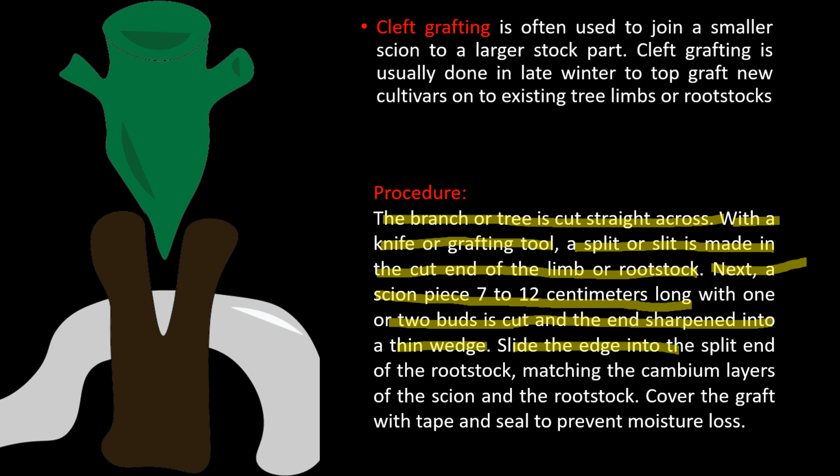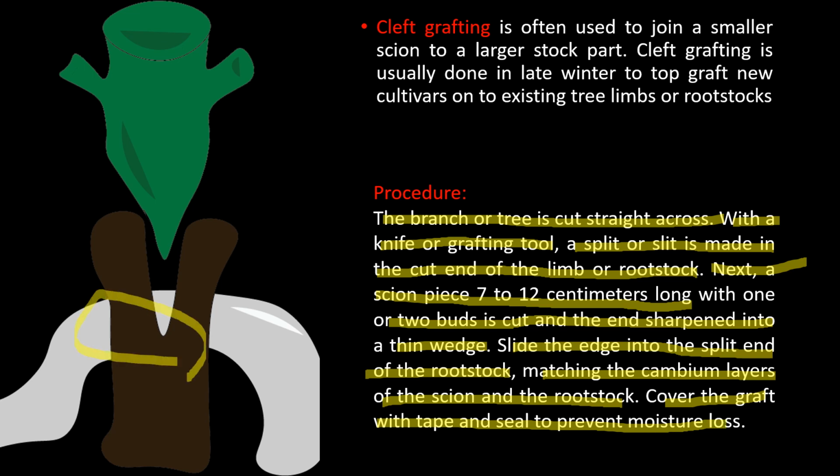Slide the wedge into the split end of the rootstock, matching the cambium layers of the scion and the rootstock. Cover the graft with tape and seal to prevent moisture loss. This is the rootstock, and the white one will be your cover, and the upper part is your scion.